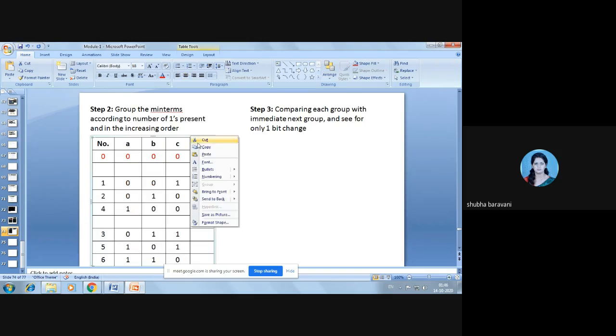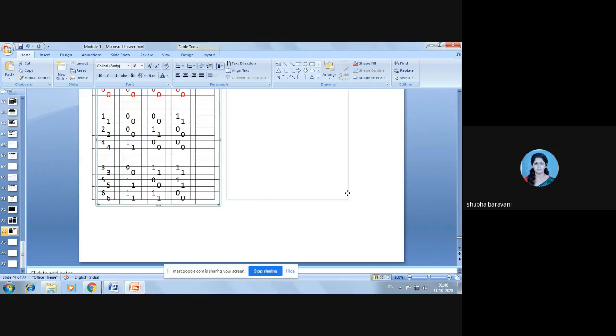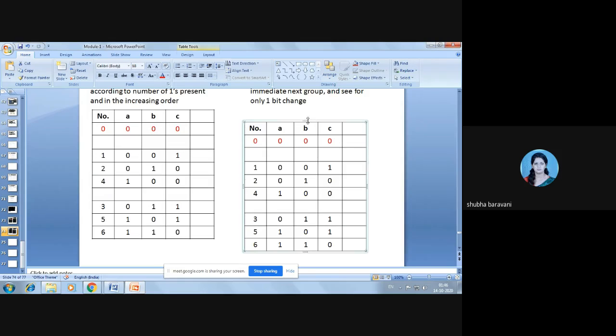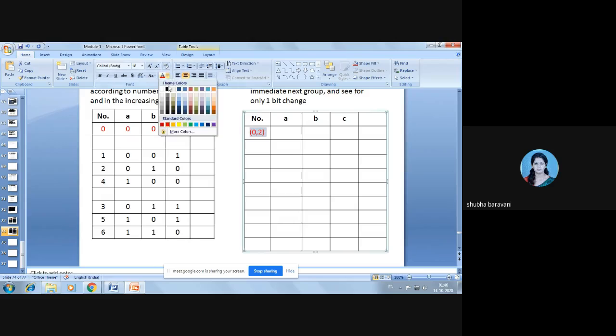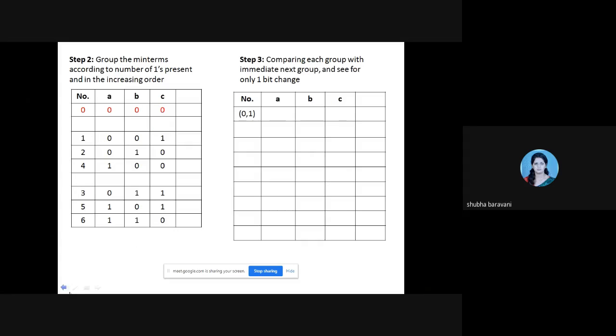So what I'll do in step 3, I'll compare 0 with 1, then I'll compare 0 with 2, then I'll compare 0 with 4.